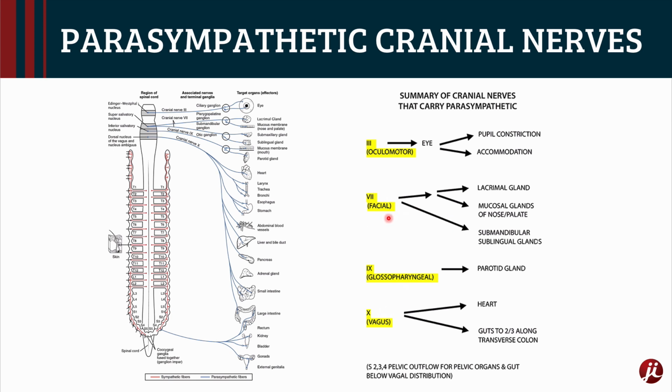So the facial nerve we saw via the chorda tympani hitching a ride on the lingual and carrying parasympathetic fibers to the submandibular and sublingual glands, and then carrying special sense fibers to the tongue for taste. And then the glossopharyngeal nerve we also saw with its fibers hitching a ride on the auriculotemporal nerve, carrying parasympathetic fibers to the parotid gland, again to help in saliva secretion for digestion.